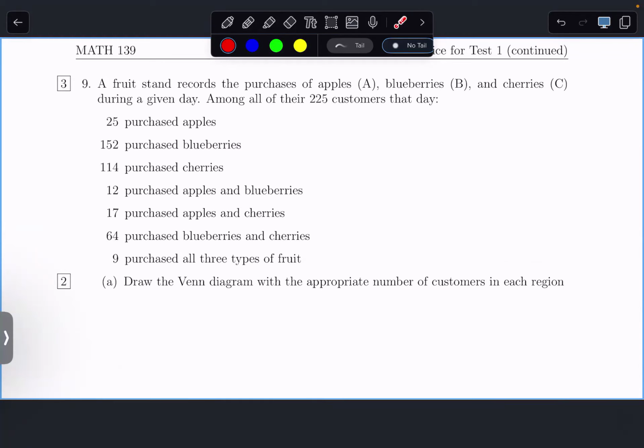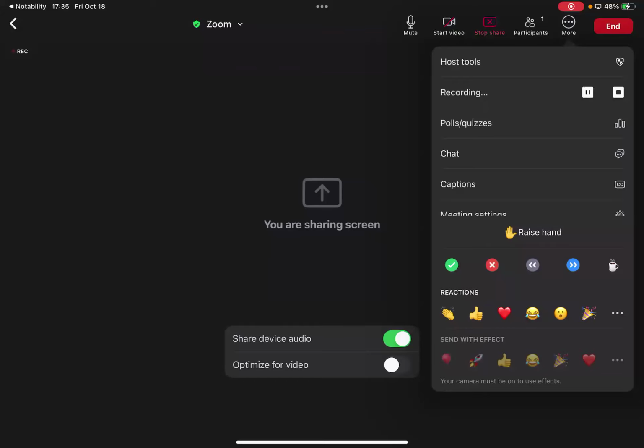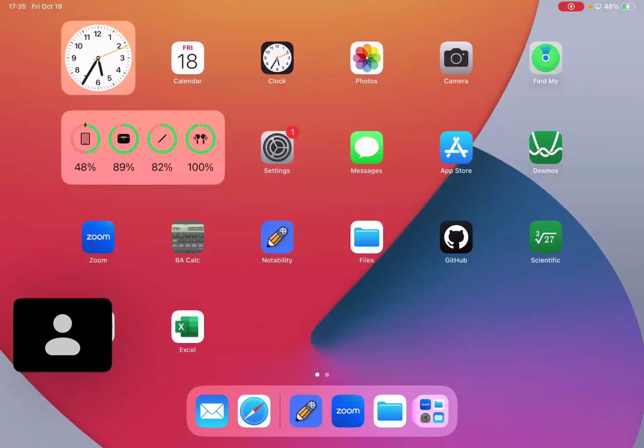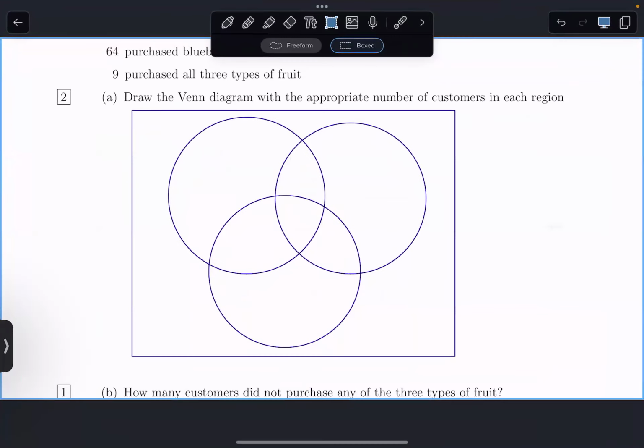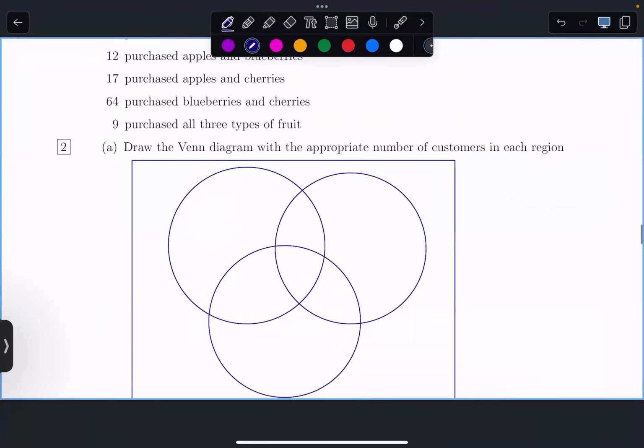It's question 9 on your practice. This is a 3-set Venn diagram. I'll pause the recording so you can try it. And there's not a bunch of dead space. Just back up here. Even if you're not quite finished.